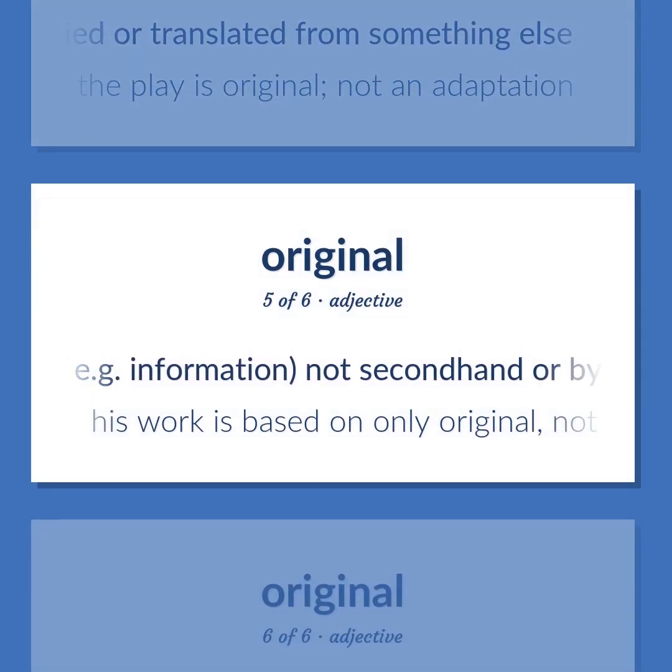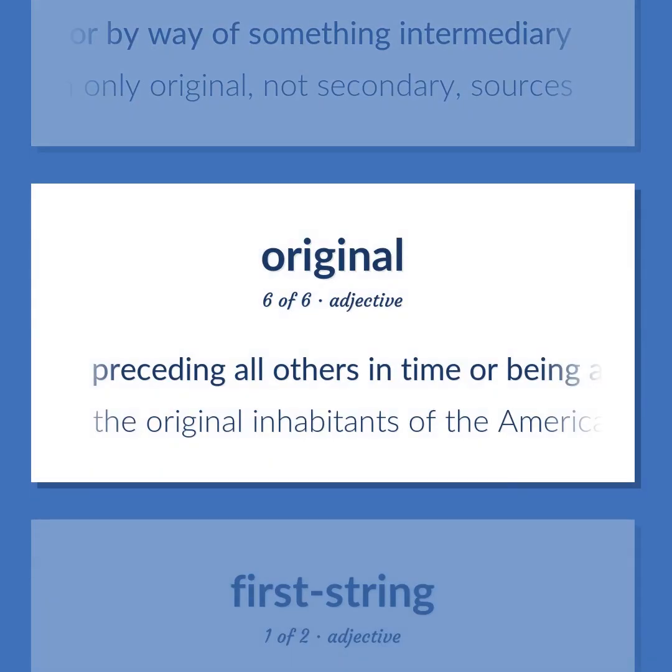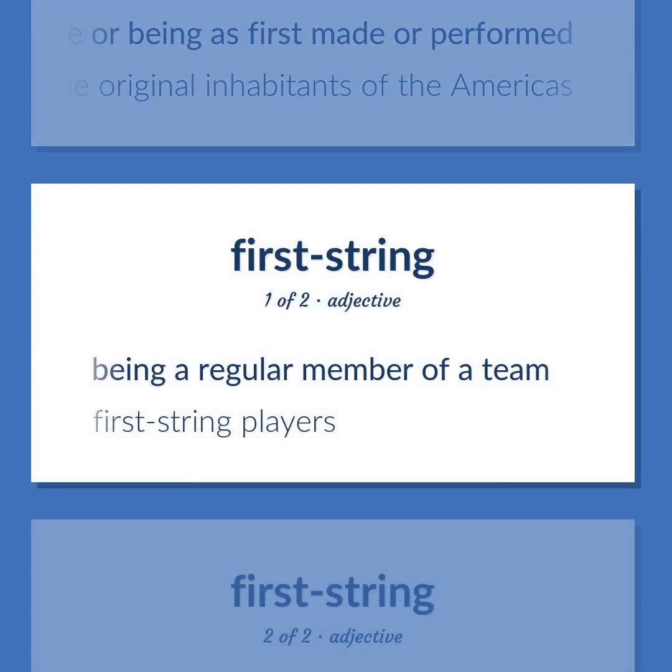Of information, not secondhand or by way of something intermediary. His work is based on only original, not secondary, sources. Preceding all others in time or being as first made or performed. The original inhabitants of the Americas. Being a regular member of a team.